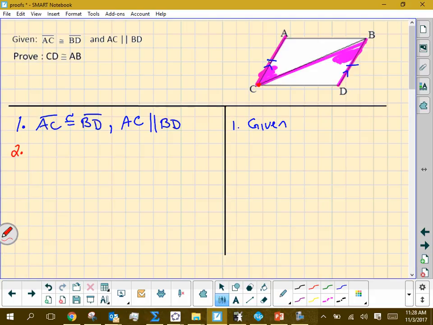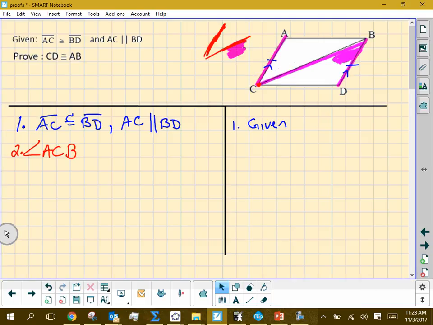Okay, so what we want to do is trace out that purple angle. So I'm going to go from A to C and then finish back up at B, right? Does that kind of make sense? And then I'll trace that angle. So I'm going to say angle ACB. Now three letters to name this angle over here: CBD is fine.